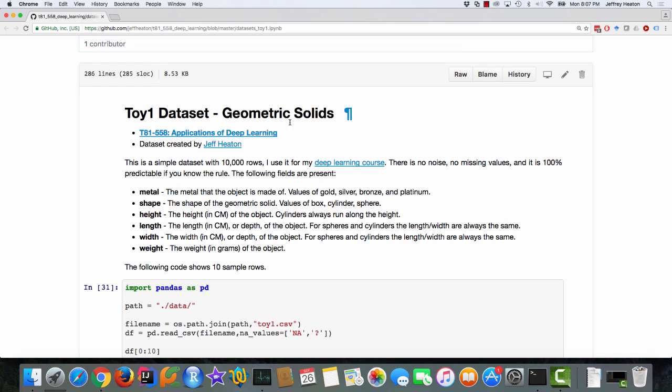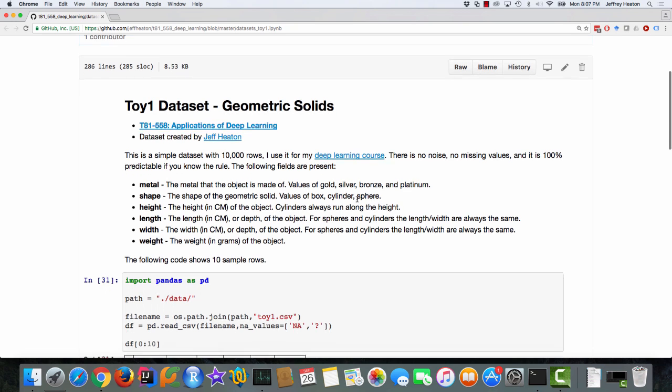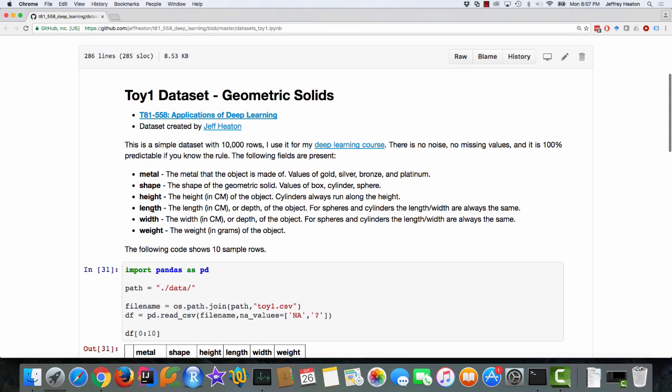I generated it with a Python script. I have data for essentially solid objects. I give you the metal that they're made out of. There's only a few: gold, silver, bronze, platinum. So these are categorical. And then I give you the shape. It's either a box, a cylinder, or a sphere. And then I give you the height, length, width, and weight.